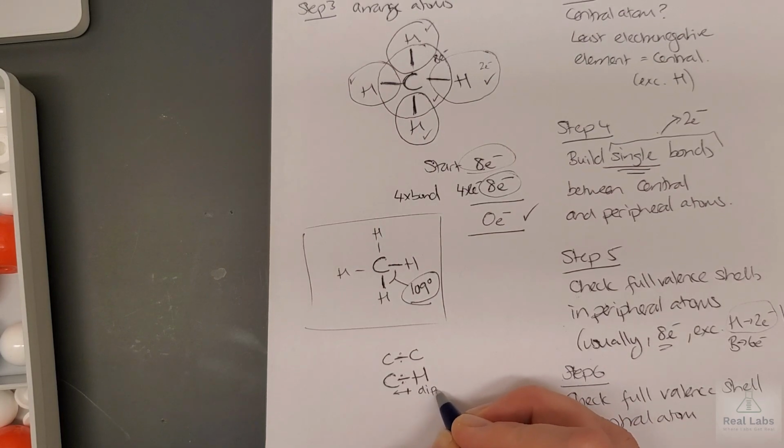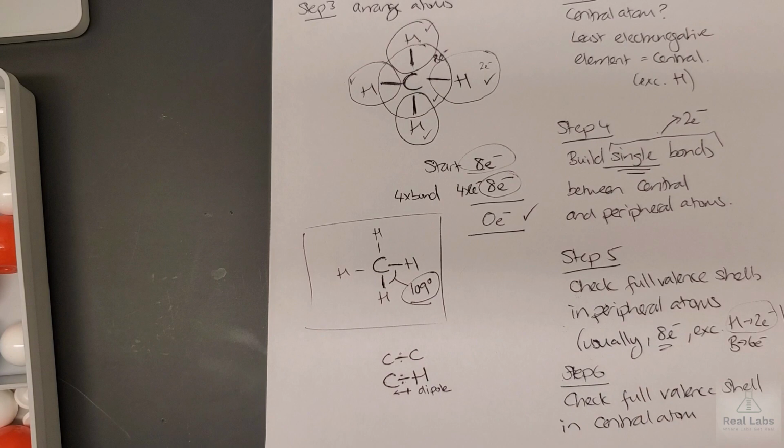So this is the bond dipole for the carbon-hydrogen bond. The carbon is just that little bit more electronegative than the hydrogen, and so therefore we would draw the dipole in this way. From a bond polarity perspective, the carbon-hydrogen bond is very slightly polar.